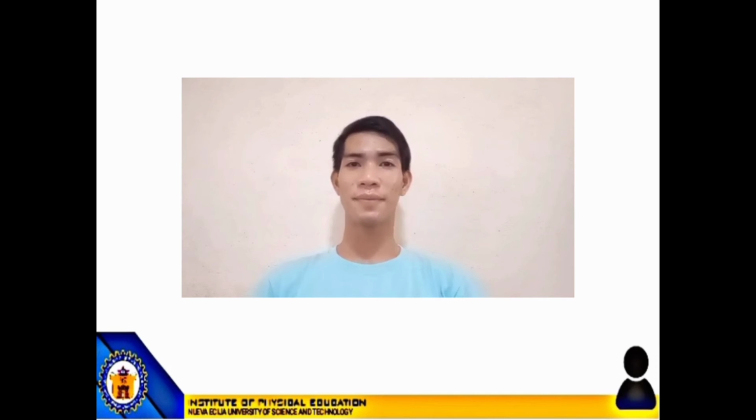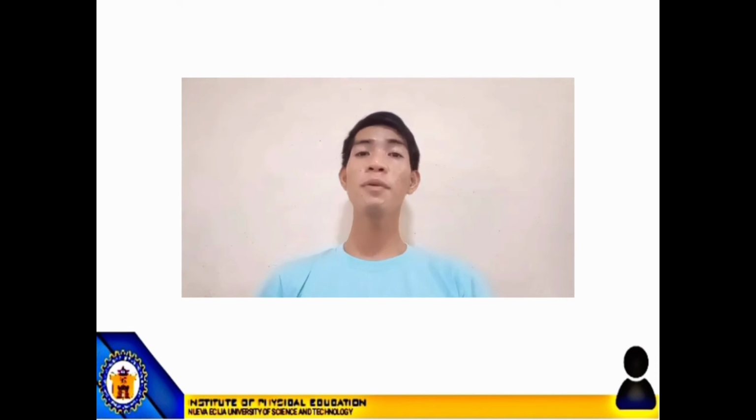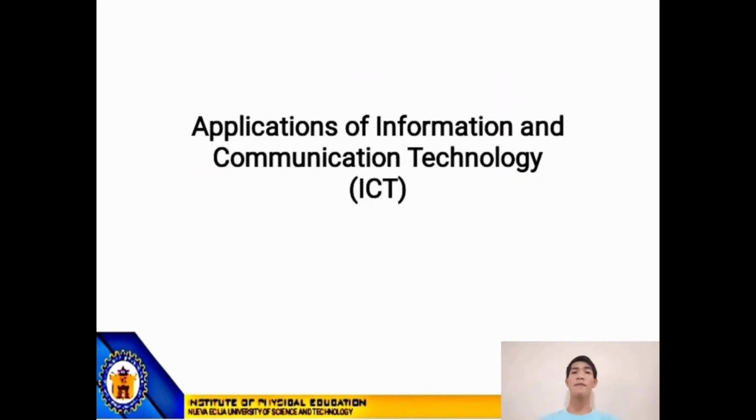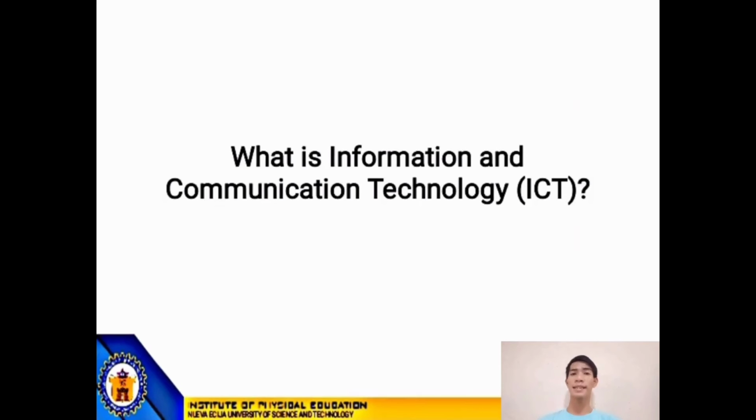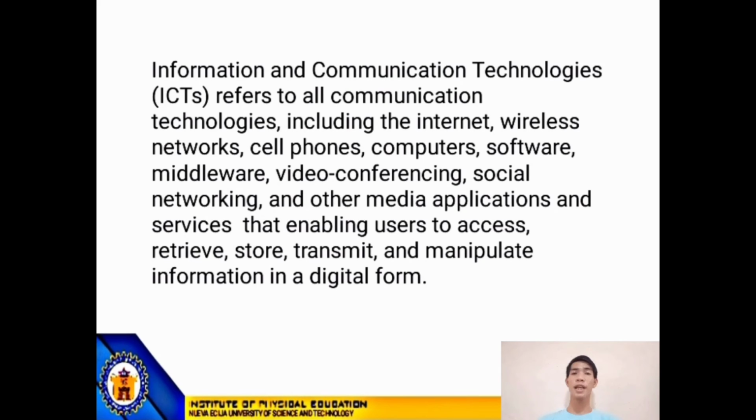So let's start. Before we proceed to our topic, which is the application of information and communication technology, first let's define what ICT, or information and communication technology, is. Information and communication technologies, or ICT, refers to all communication technologies.